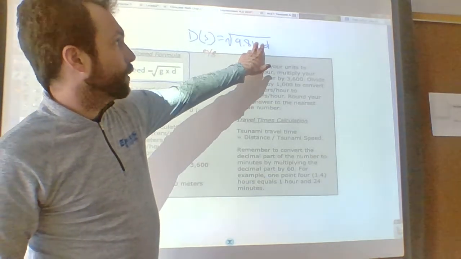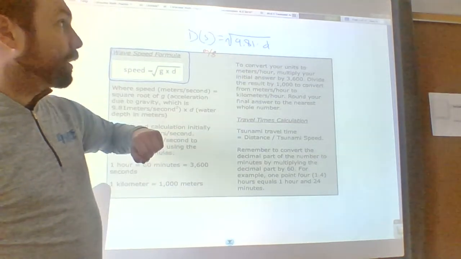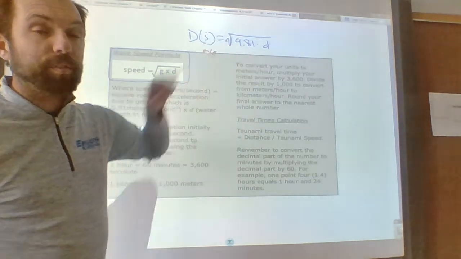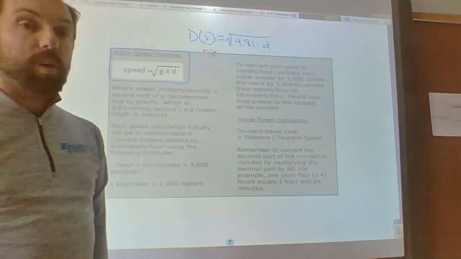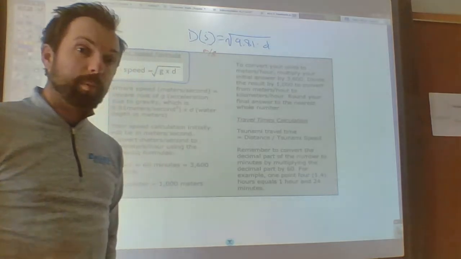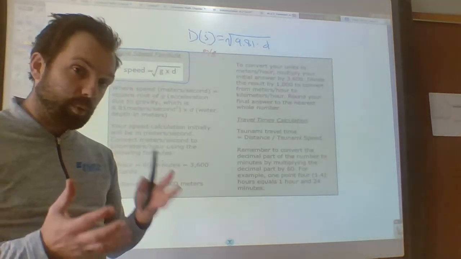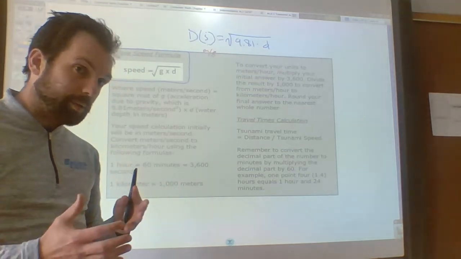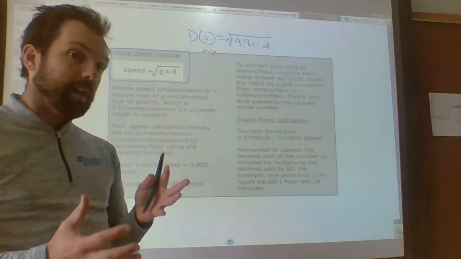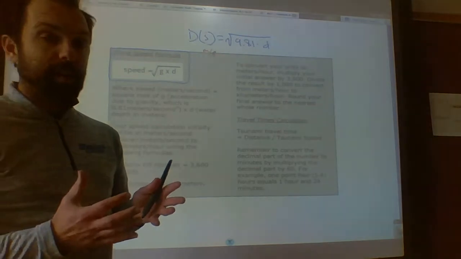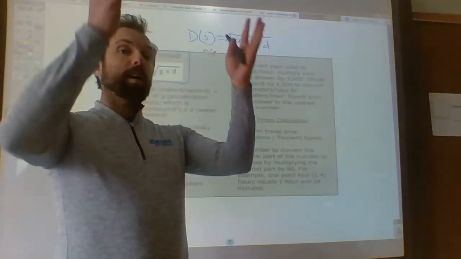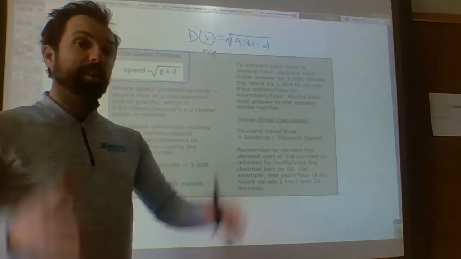Now these two values here, 9.81, comes from the acceleration due to gravity. If you watched the video, it had a really great visual of an underwater event, whether it's an earthquake or a volcanic eruption, releasing a great amount of energy which pushes a huge mass of water vertically up into the air.